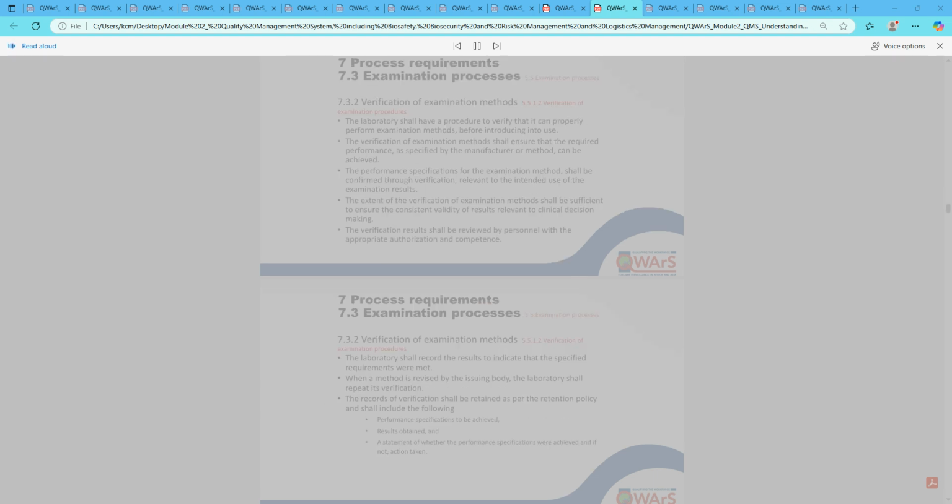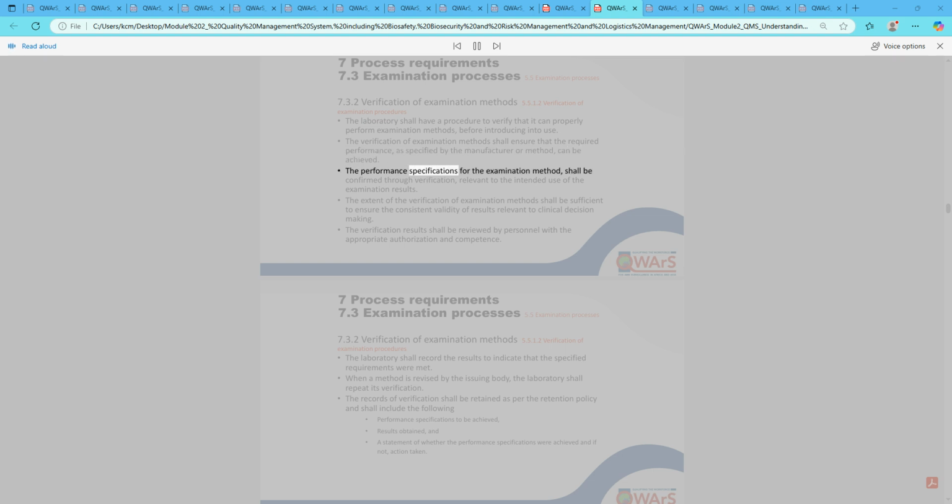7 Process requirements, 7.3 Examination processes, 5.5 Examination processes. 7.3.2 Verification of examination methods, 5.5.1.2 Verification of examination procedures. The laboratory shall have a procedure to verify that it can properly perform examination methods before introducing into use. The verification of examination methods shall ensure that the required performance, as specified by the manufacturer or method, can be achieved.